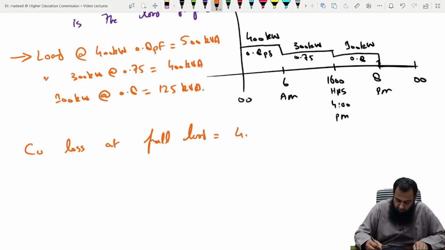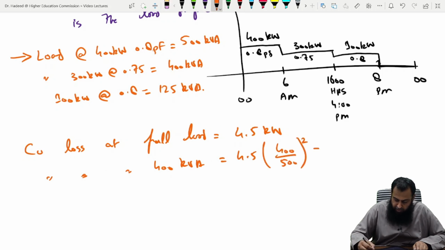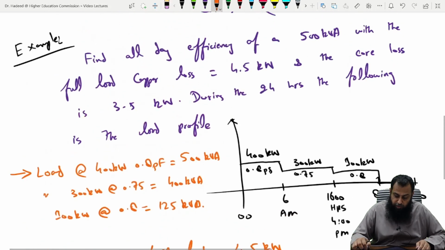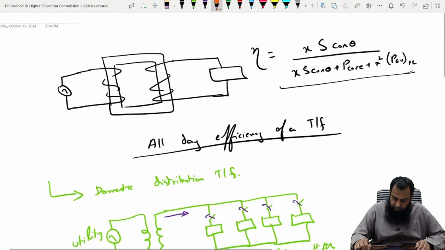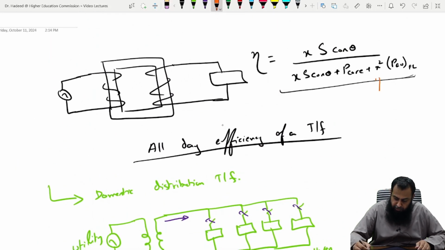The copper loss at 400 kVA is 4.5 into (400 over 500) squared, because it depends on the square of the loading, as we have seen in this expression.